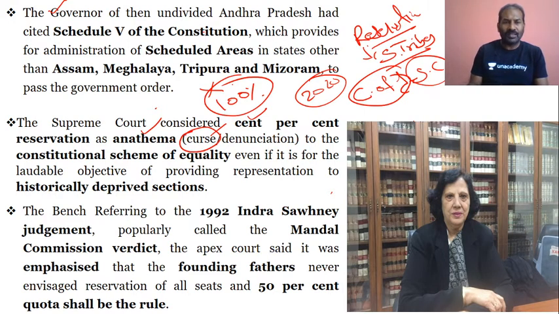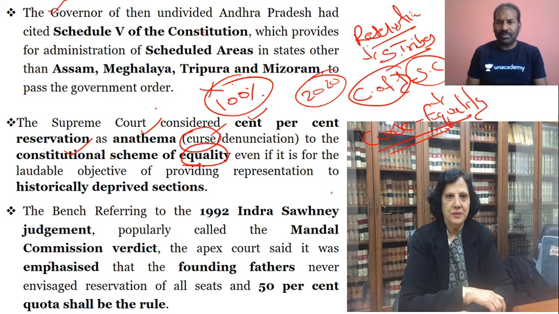Why is it a curse? It is a curse to the constitutional scheme of equality, because the Constitution of India provides equality. When we are talking about equality, definitely reservation is part of what provides equality. But when the reservation is 100%, it is again against equality. Please do understand the concept here.